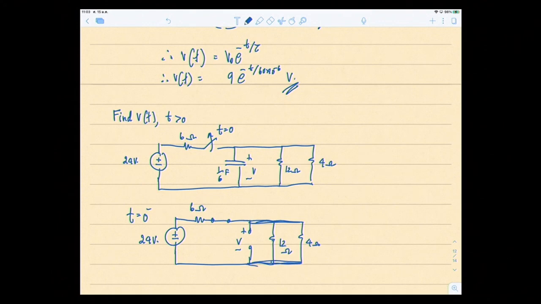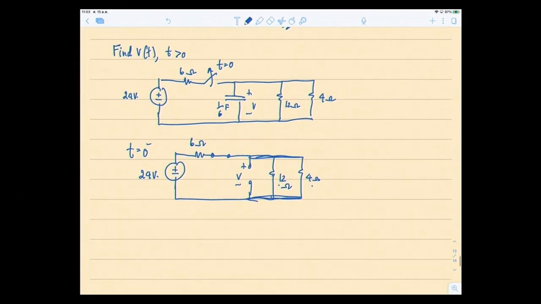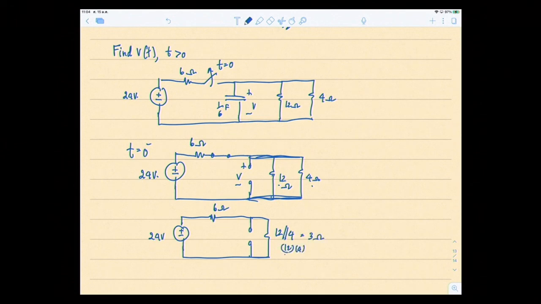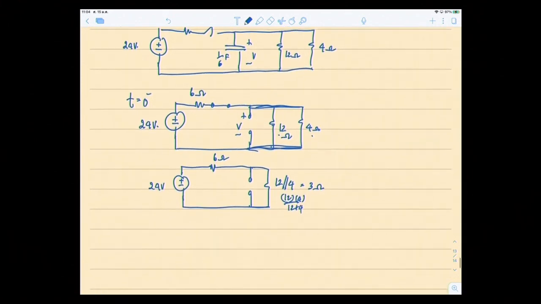So this voltage involves the 12 and 4 connected in parallel. I can compress them together, and it doesn't affect where my V is. So 12 parallel 4 equals 12 times 4 divided by 12 plus 4, which is 3 ohms. So V is the voltage drop across the 3 ohms.